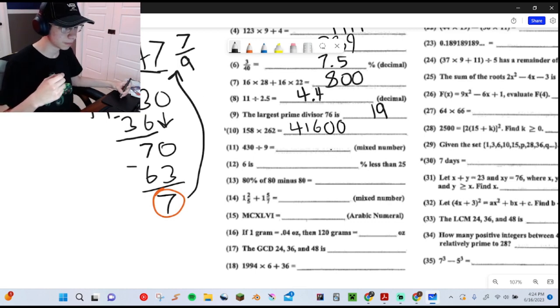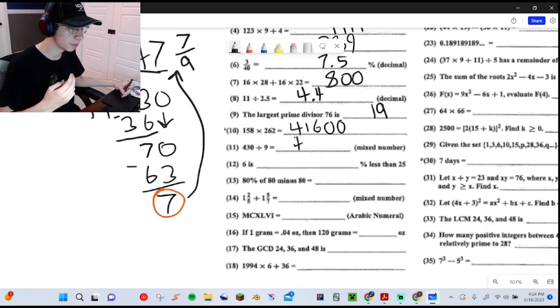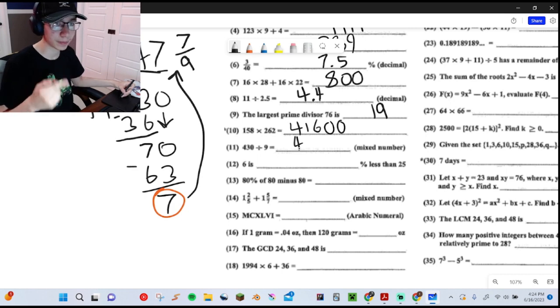And so, again, the way I do this, 43 divided by 9, 9 goes into 43 4 times with a remainder of 7, and then I drop down the 0. How many times does 9 go into 70? It goes in 7 times with a remainder of 7. And now I'll just put that 7 over 9 here.